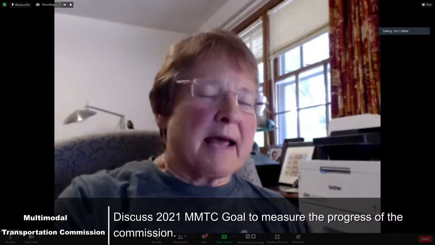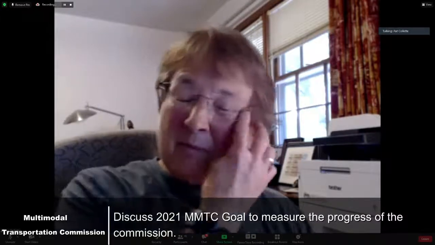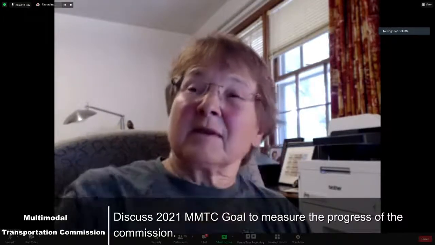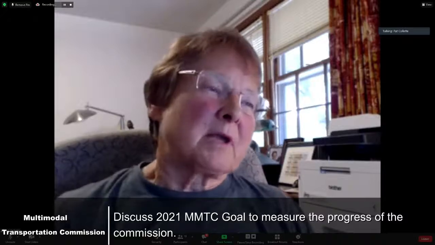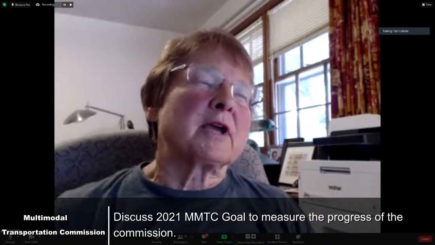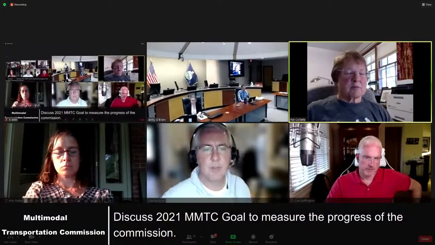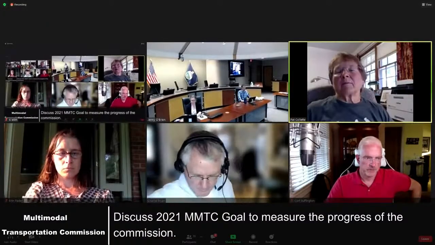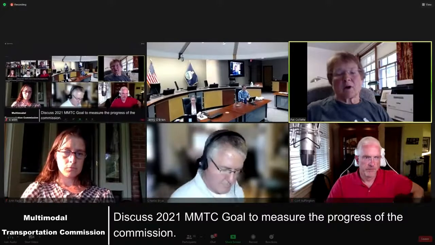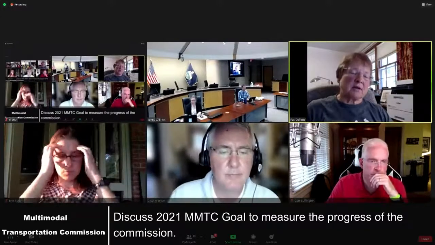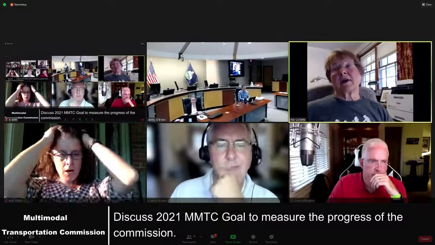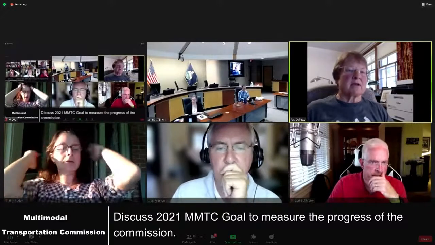So in your packet, at our retreat, we included looking at the bylaws, looking at the ordinance, and then another one in terms of really measuring our performance and progress towards those goals, specifically the goals identified in the ordinance.